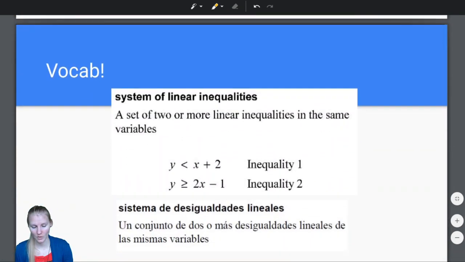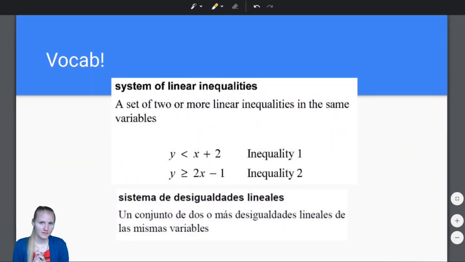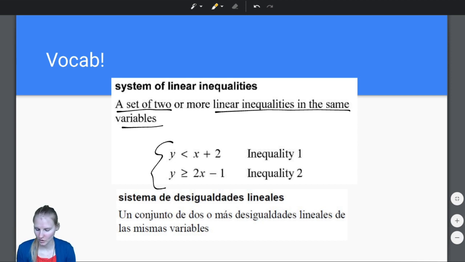All right, so in order to talk more about systems of linear inequalities, let's make sure that we remember what they are. A set of two or more linear inequalities in the same variables. So, we have two inequalities, both have x and y in them.